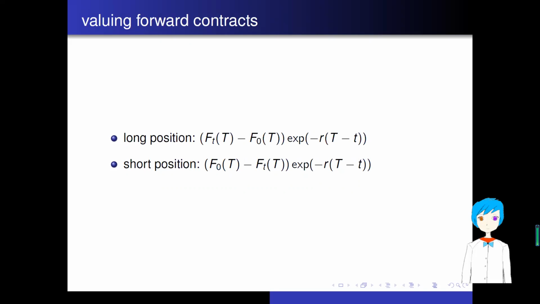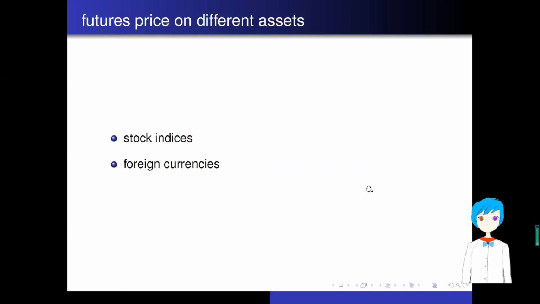And for the short position, the value is (F0 minus F small t) times e to the power minus R times (big T minus small t). And we can see that the sum of the values of the long position and the short position is 0.